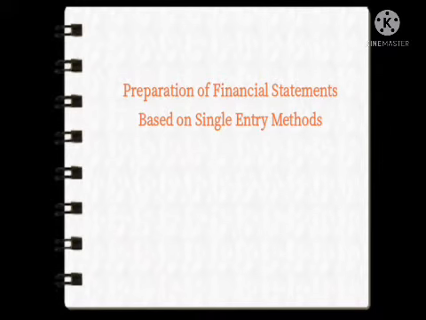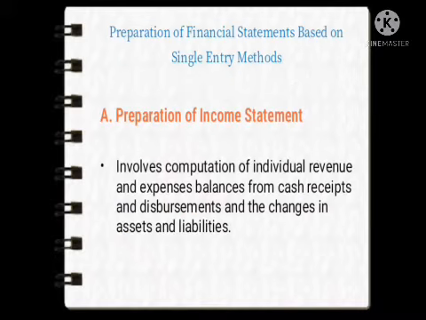Now let's start the preparation of financial statements based on single entry methods. The first financial statement prepared is the income statement. The income statement involves the computation of individual revenue and expenses balances from cash receipts and disbursements and changes in assets and liabilities.